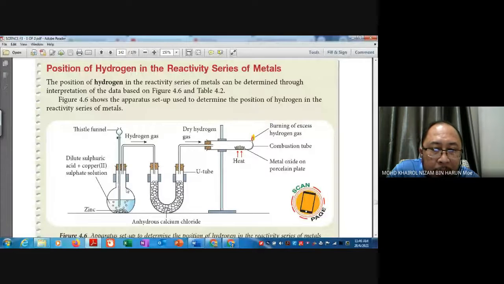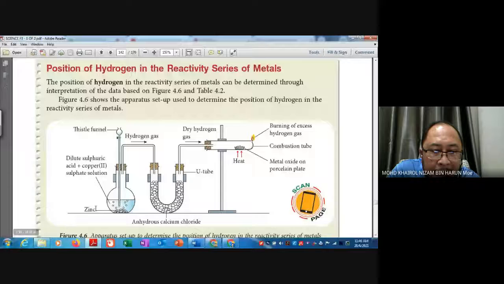This flask will contain sulfuric acid mixed with copper sulfate solution, and then zinc. What is the intention of putting in these substances?